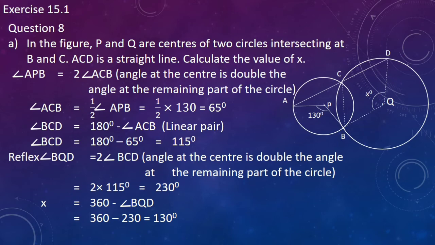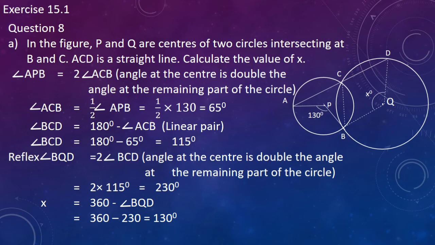Therefore, angle APB is twice angle ACB. That means angle ACB is equal to half of angle APB, that is angle ACB is 65 degree.